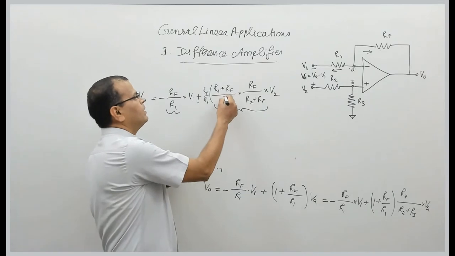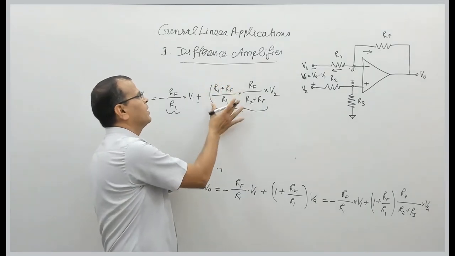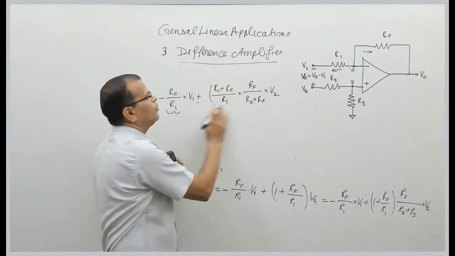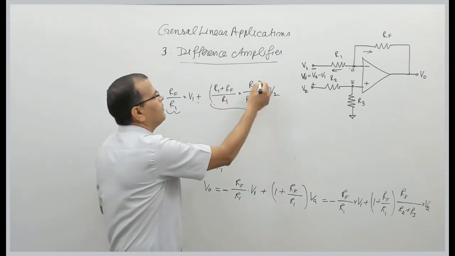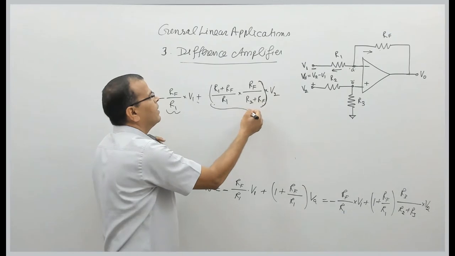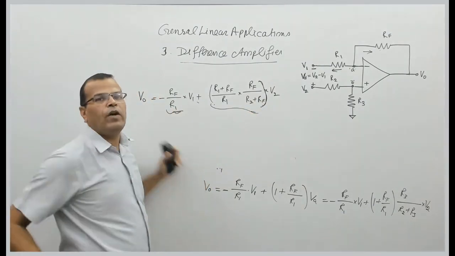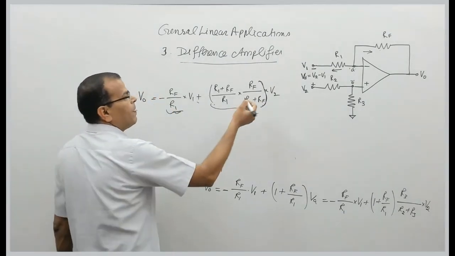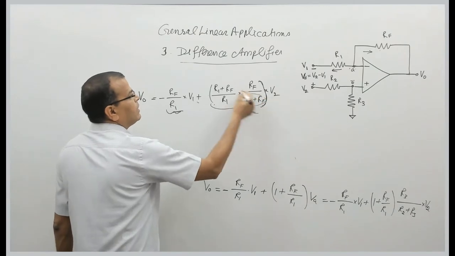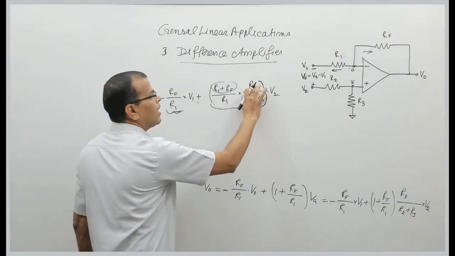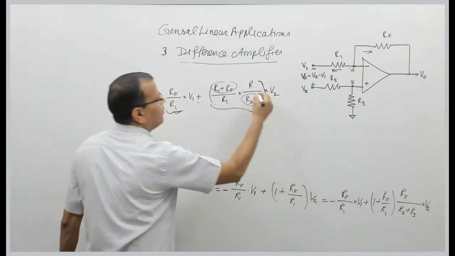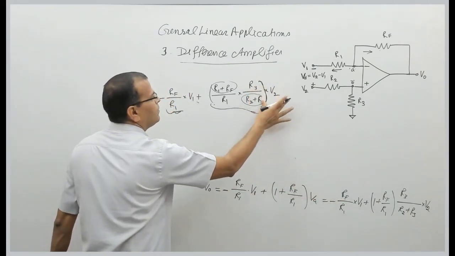I repeat, please understand this concept. I have to reduce this, this was the expression, (R1 plus RF) by R1. I have to make this factor the same as this factor. So how can I make that? Please see it carefully. This is not RF, rather this is R3.